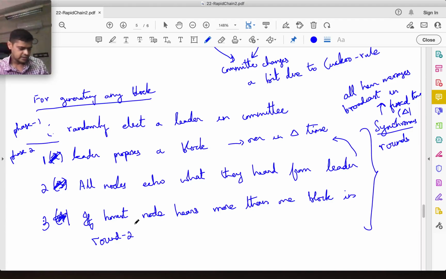So what it does, it sends out a dummy block indicating that the block is pending. Let's call it pending block.